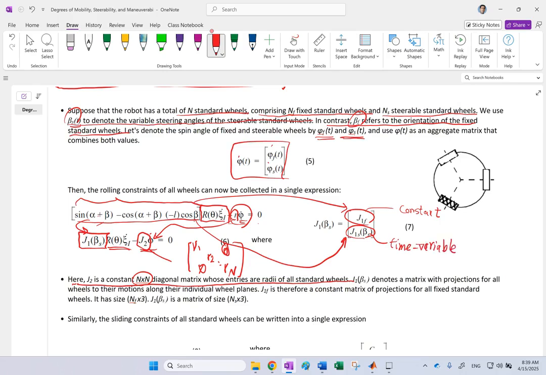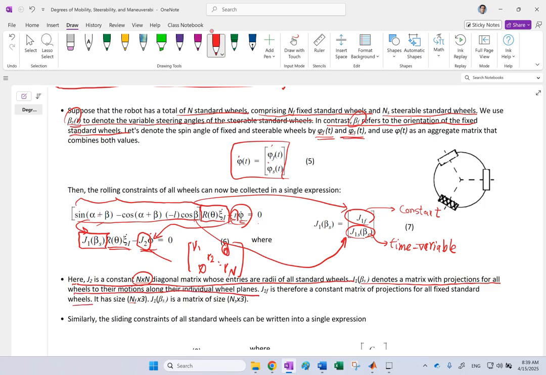So although this is a function of beta F, since all of those beta F's are constant, this is like a constant submatrix, and this is like a time variable submatrix. So J1 of beta S is a matrix with projections for all wheels to their motion along their individual wheel plane. J1 is a constant matrix for all standard wheels.